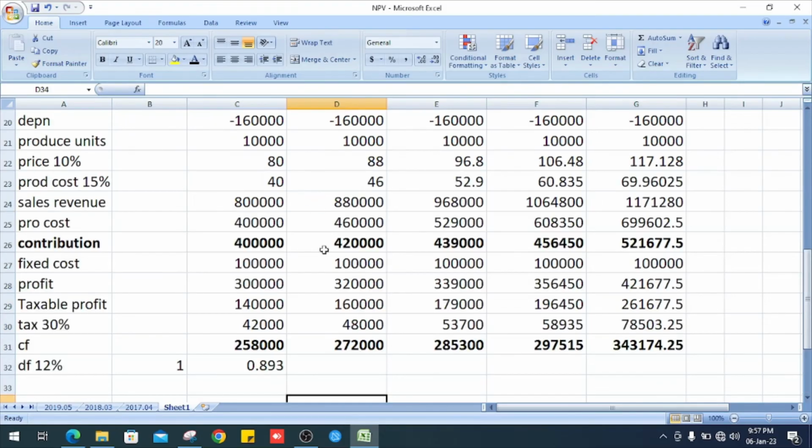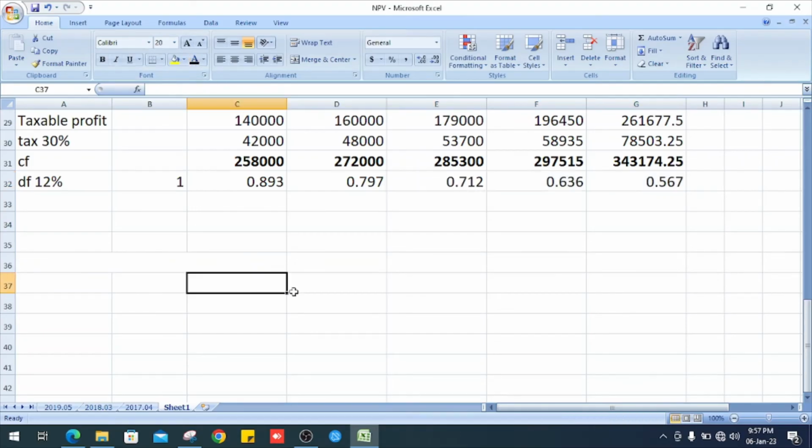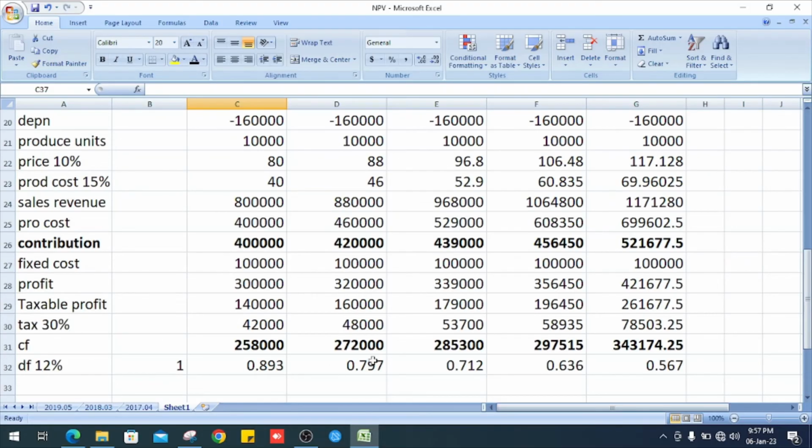In year 2, how do we get the year 2 discount factor? Divided by 1.12, the same method. Right, now we get the discount factor.